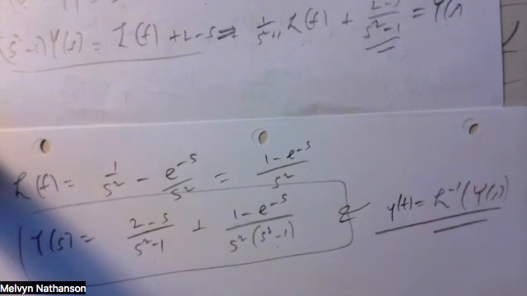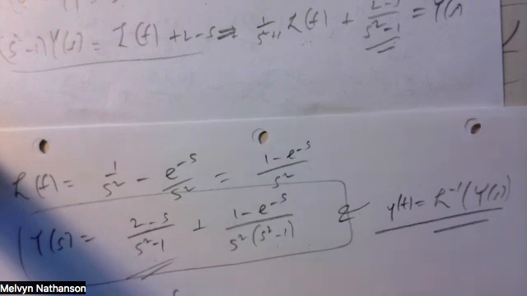Let's see. So I'm going to use partial fractions first to solve this. (2 minus s) over (s squared minus 1) is (2 minus s) over (s minus 1)(s plus 1). So I can write this as a over s minus 1 plus b over s plus 1.